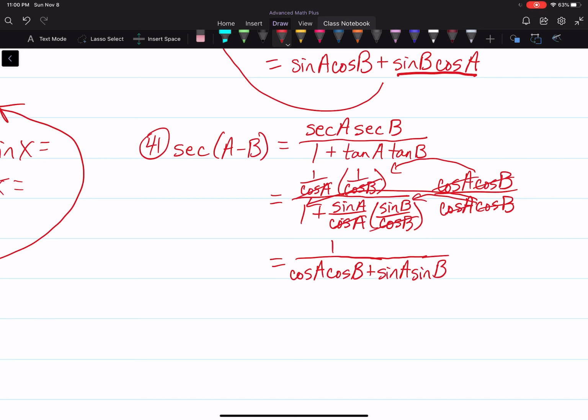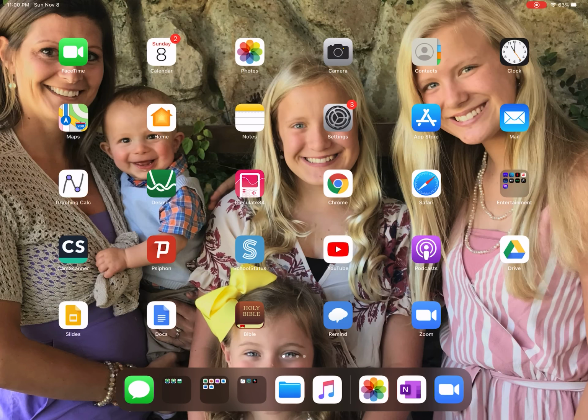But over here on the left, secant is 1 over cosine of A minus B. And then I can do the difference identity for cosine. So that's going to be cosine A cosine B plus sine A sine B.